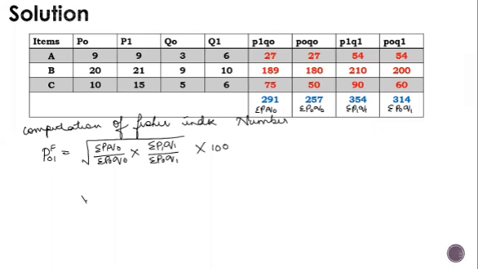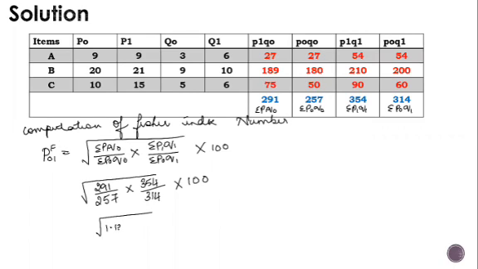Okay, now we will apply these values. Summation P1 Q0, what is the value? It is 291 divided by summation P0 Q0, 257. Okay, into P1 Q1, what is the value? 354 divided by 314 into 100. 291 divided by 257, what is the value? 1.132.